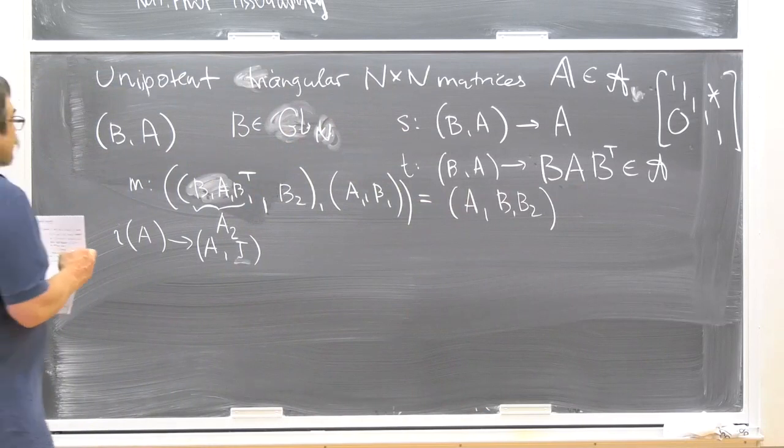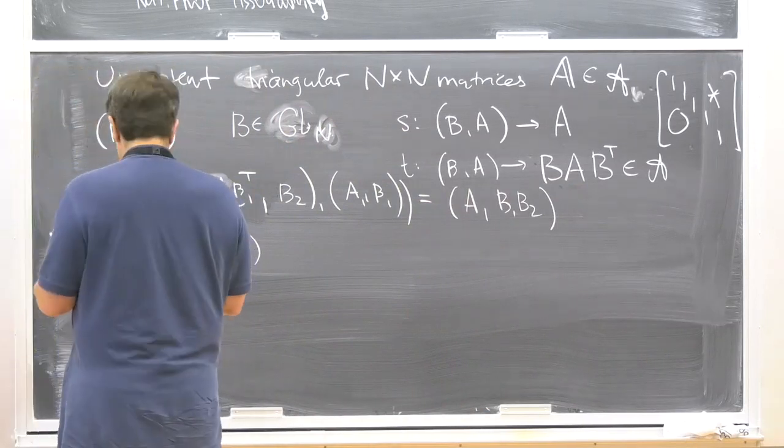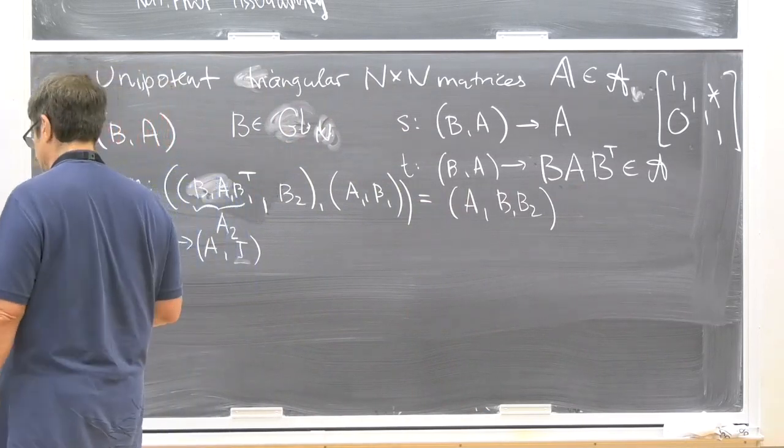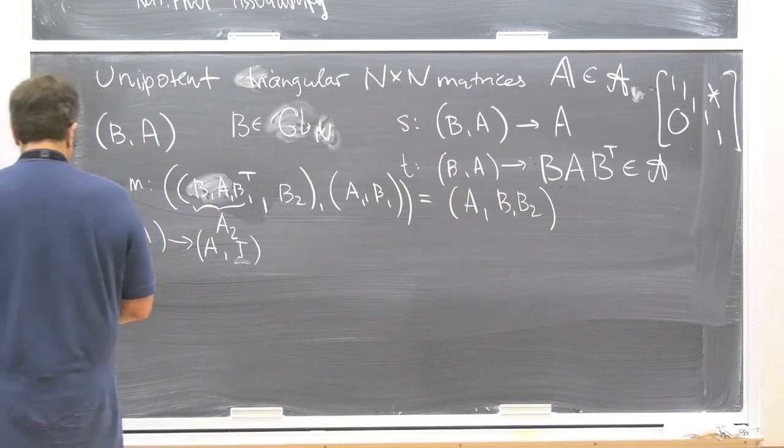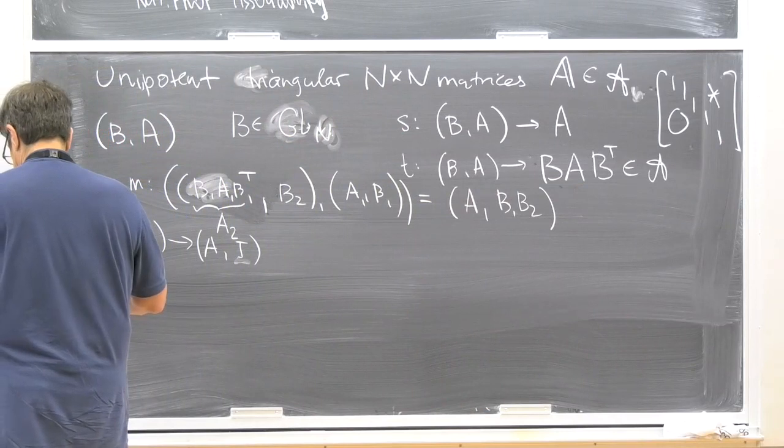And now we define something more. We define actually algebraic operations. So instead of considering the groupoid, we consider the algebroid of the corresponding form.